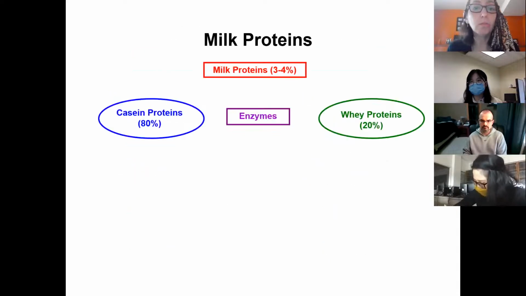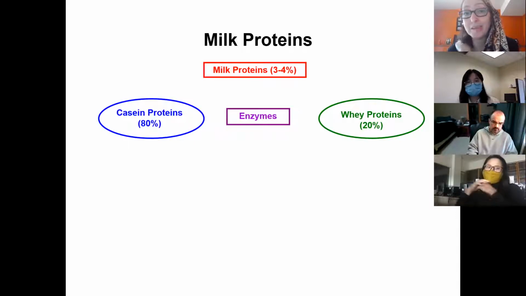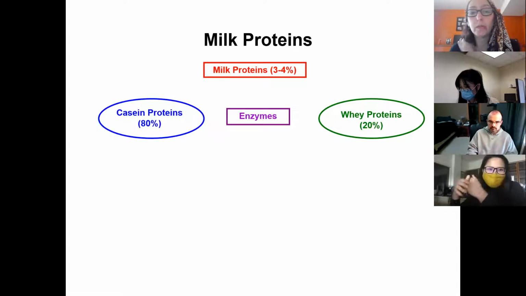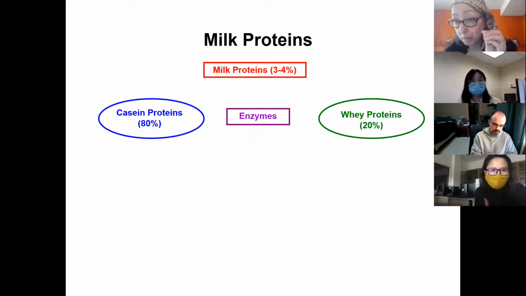Okay, so milk proteins. So in milk, there are so many different types of proteins. It's just a large number of proteins. However, the main components that are functional proteins and we care about and we produce ingredients from are the casein and the whey. And the casein represents 80% of the total protein in milk.